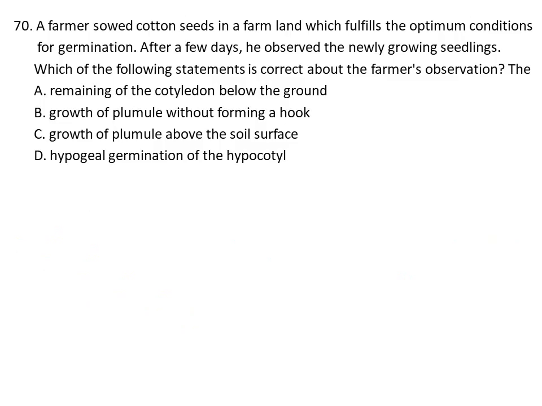Question number 17. A farmer sowed cotton seeds in a farmland which fulfills the optimum conditions for germination. After a few days, he observed newly growing seedlings. Which of the following statements is correct about the farmer's observation? The growth of plumule above the soil surface.